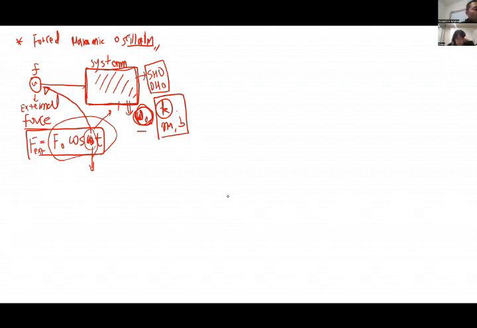If you plug that into this Newtonian system, now you have m times a, which is the overall system force. That is minus kx minus b times velocity, and if there's no external force, then that should be equal to zero, as I showed you in the previous damped harmonic oscillation.